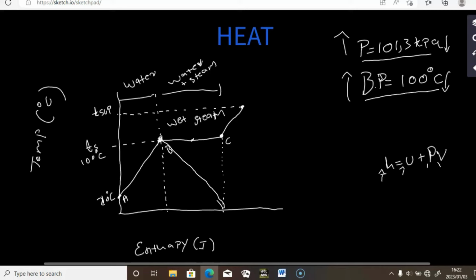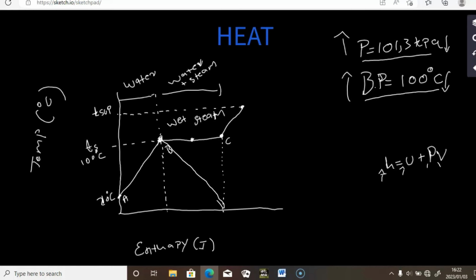At this point, since we can see it's 50-50, we will be having 50% of steam and 50% of water, meaning 50% of the water that was in the pot has now been converted to steam, and 50% of the water is yet to be converted to steam. We still have 50% being water and 50% has already been converted to steam.